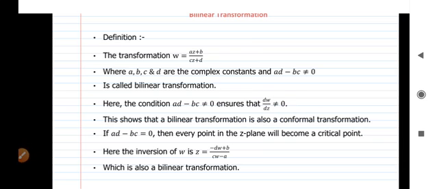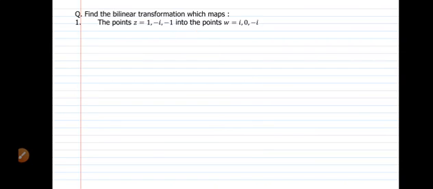Now we will see two examples where we are going to apply this concept of bilinear transformation. Here the points z equal to 1, minus i, minus 1 from the z plane are given, and they are mapped onto the points w equal to i, 0, minus i in the w plane.